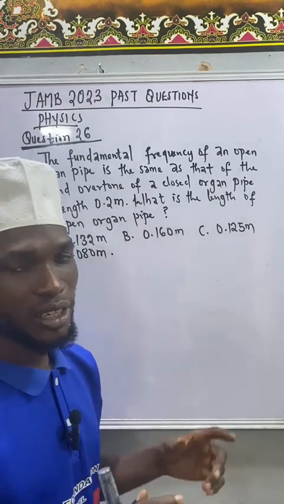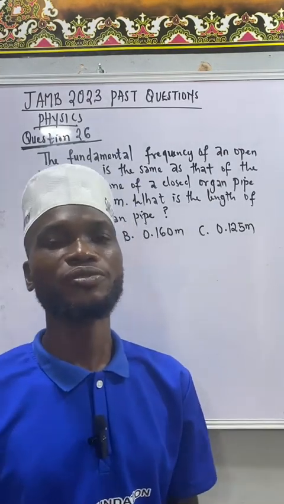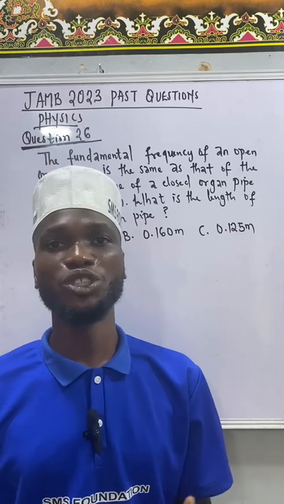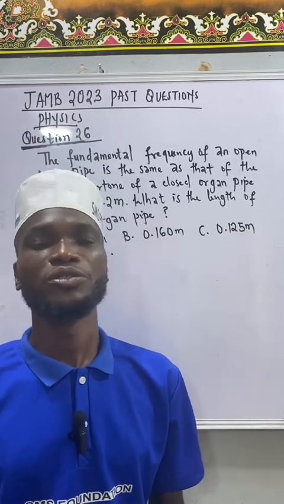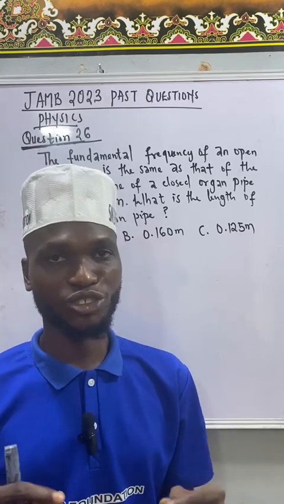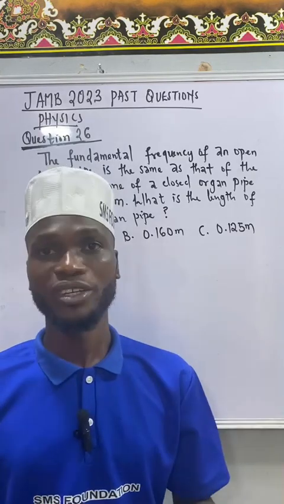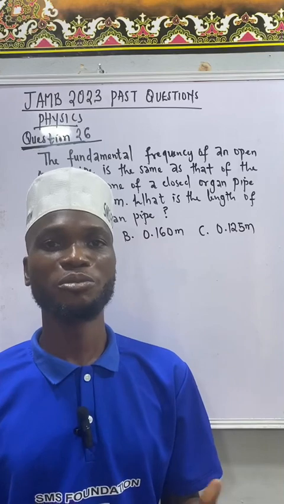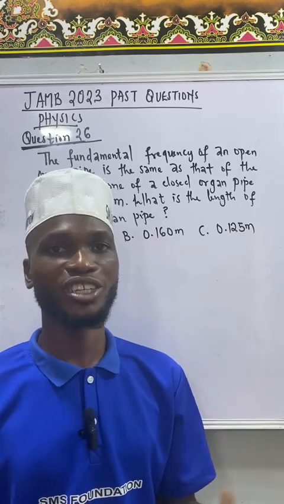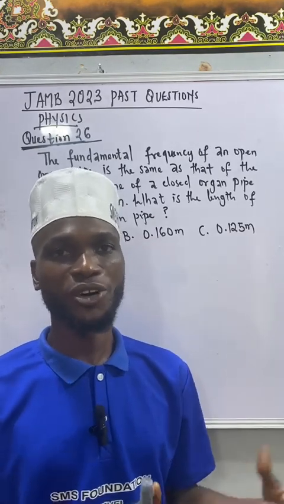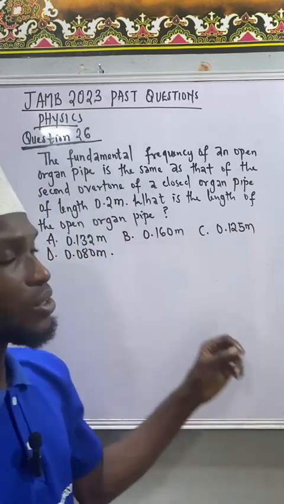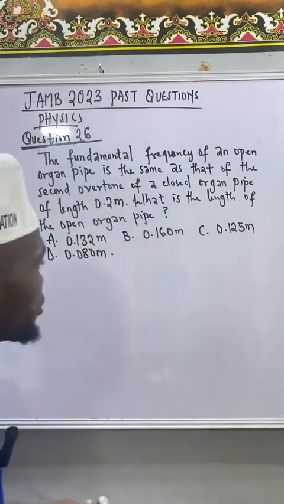First, to study sound waves in the laboratory, we use several instruments which are called sound instruments. One of these instruments is the organ pipe. Just like the normal domestic pipe that we use at home, it can be in the form of metal or plastic. This organ pipe is of two types.